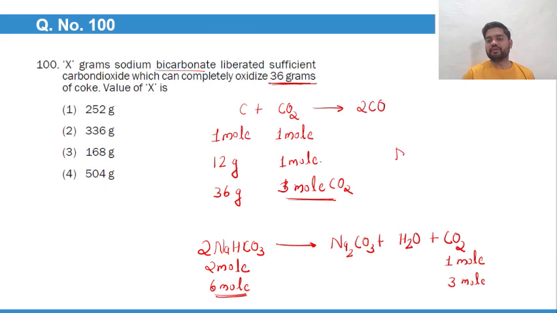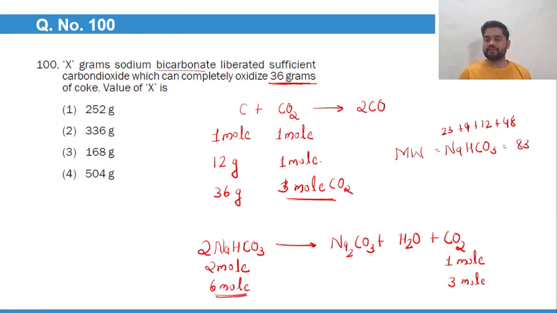Right? What is the molecular weight of NaHCO3? It is something around 83, if I am not mistaken. Okay. Let us try to calculate. This is 23 plus 1 that is 24 plus 12 plus 48. Okay.